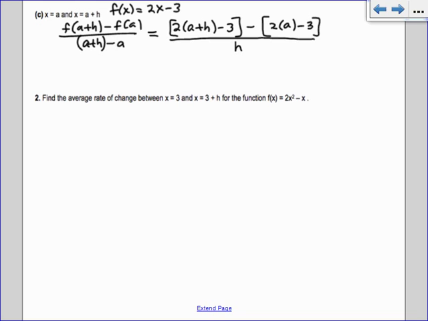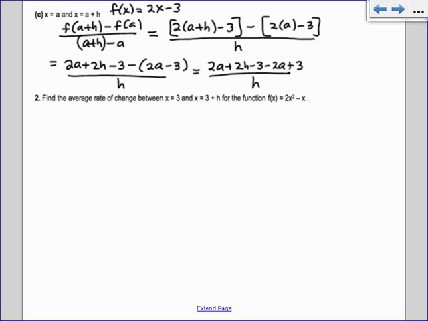And we continue to simplify. So we have 2a plus 2h minus 3, and then we have minus 2a minus 3, all over h. So we get 2a plus 2h minus 3 minus 2a plus 3 all over h.